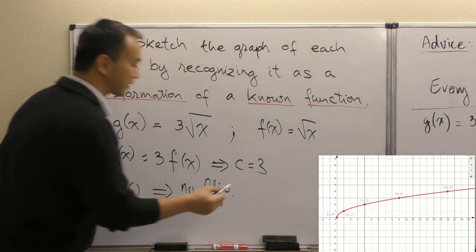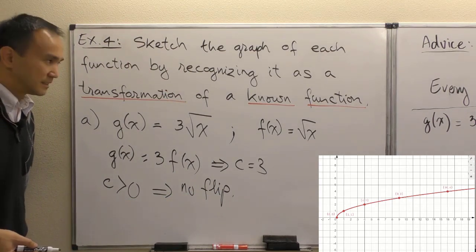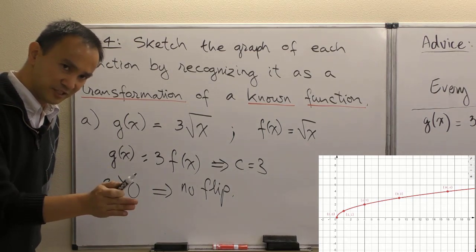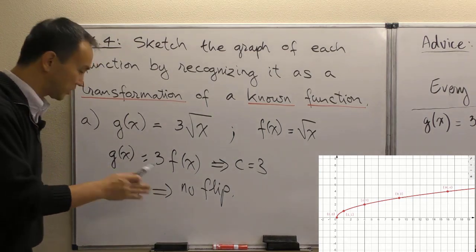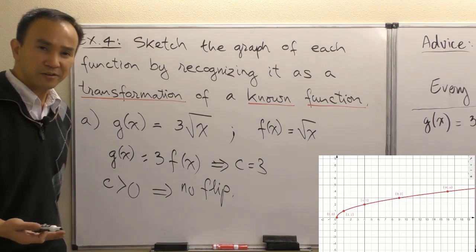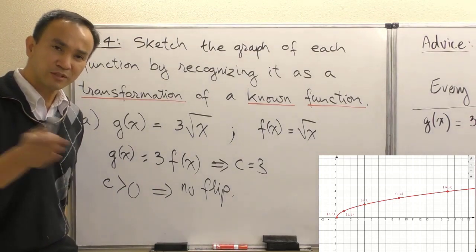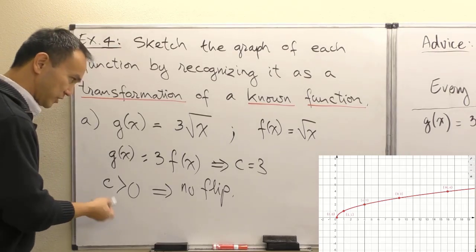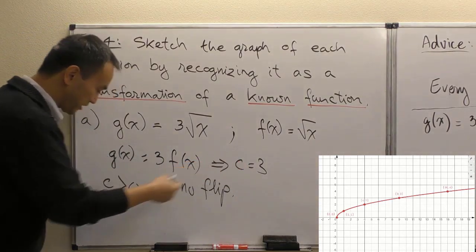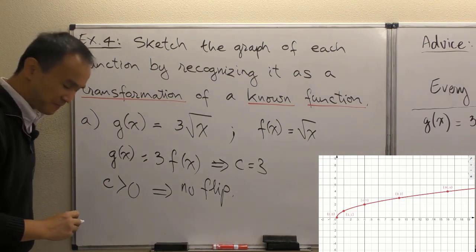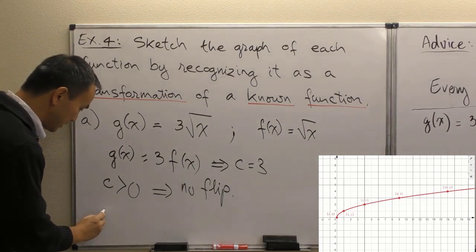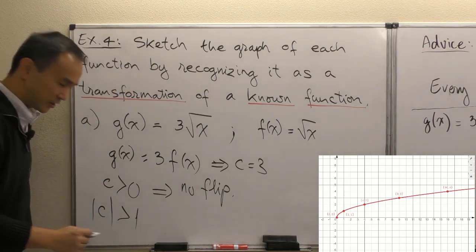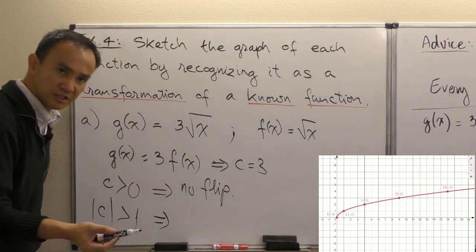Of course, the kind of problem here that we're still studying is vertical scaling, so any transformation we're about to recognize has something to do with vertical scaling. Since c is positive, there's no flip expected. The absolute value of c is greater than 1, so I'm expecting a vertical stretch.